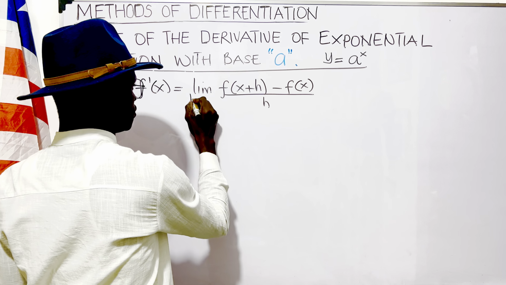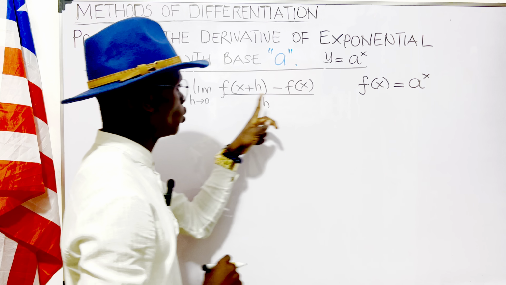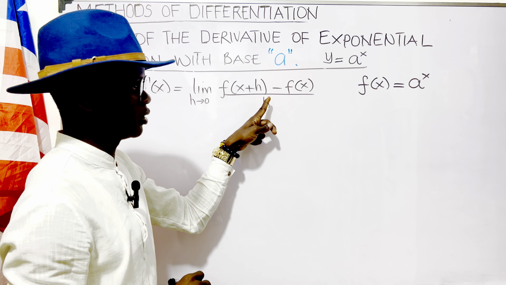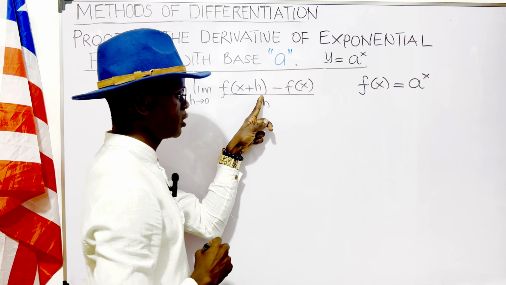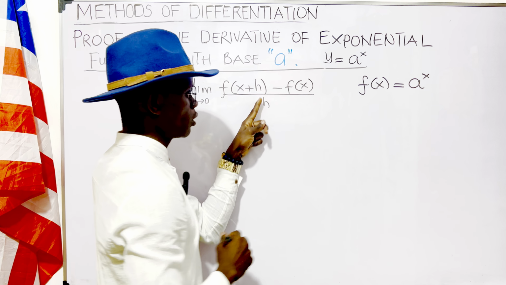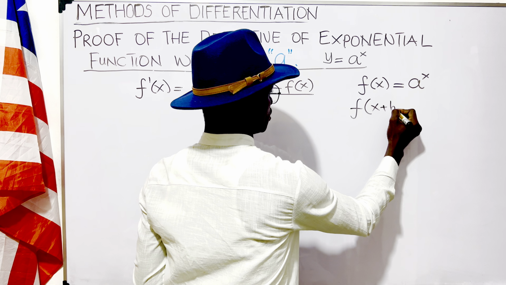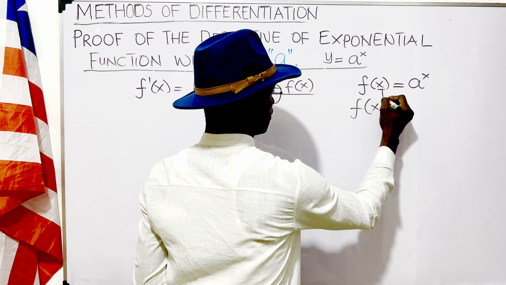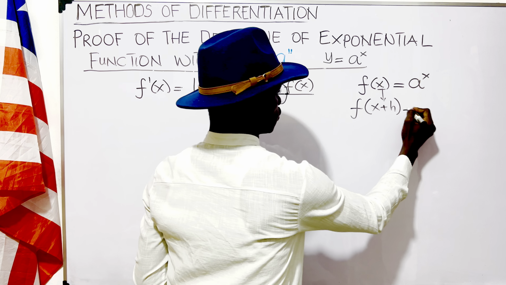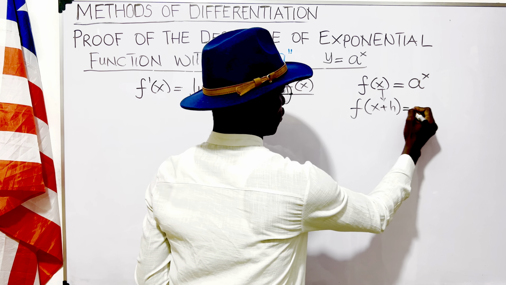We know that f of x is equal to a raised to the power x, but we don't know what f of x plus h is. f of x plus h is obtained by just replacing this x with x plus h. So on this side, we must replace x with x plus h.